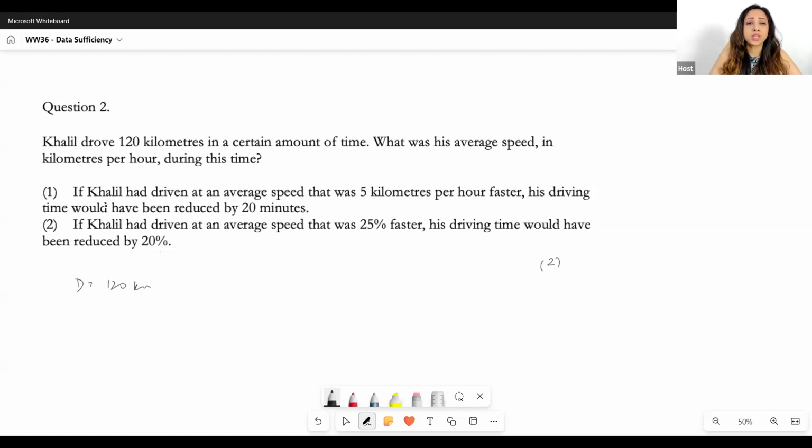So I look at 2 and I say if Khalil had driven at an average speed that was 25% faster, 25% faster means that the ratio of his new speed to old speed would be 5:4, right? 25% faster means 125 by 100, which is 5:4.